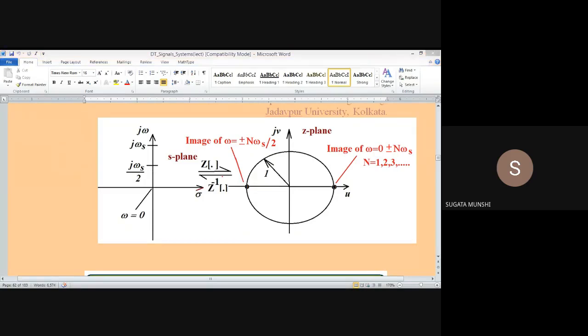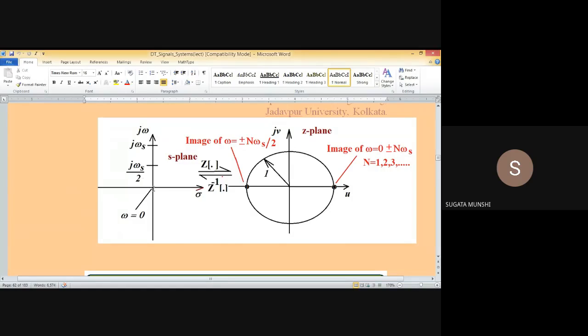When omega is 0, what will be the argument of Z? Remember that the magnitude of Z is e to the power sigma tau, and the argument of Z is omega tau. So here omega is 0 means omega tau is 0.